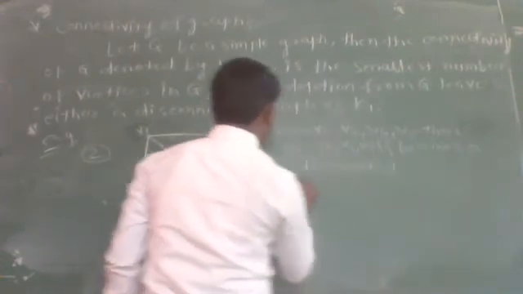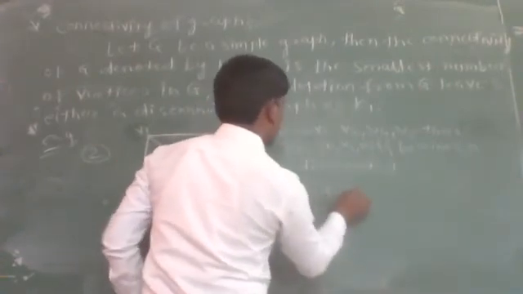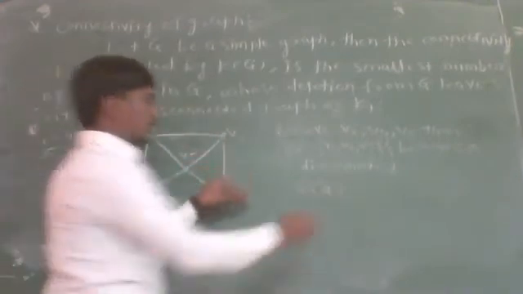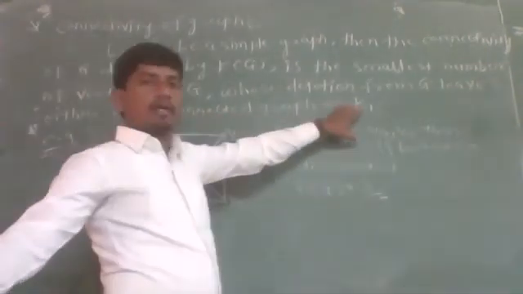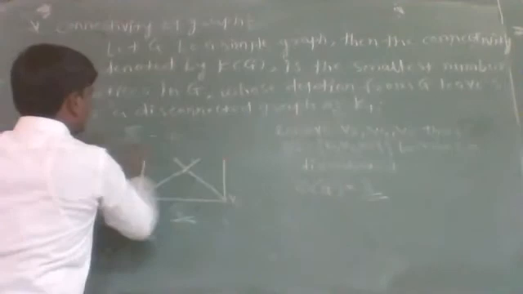So the connectivity of this graph G will be equal to 3, since here we have to remove at least three vertices to make the graph a disconnected graph, or it is equal to K1.